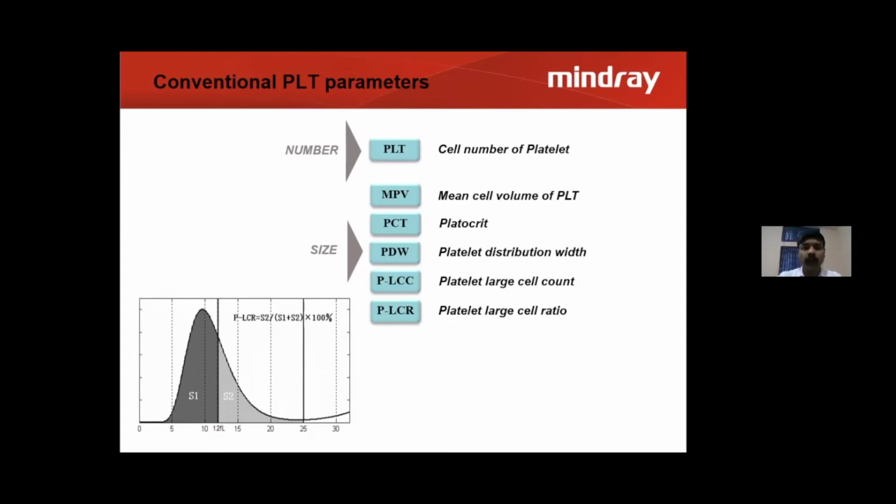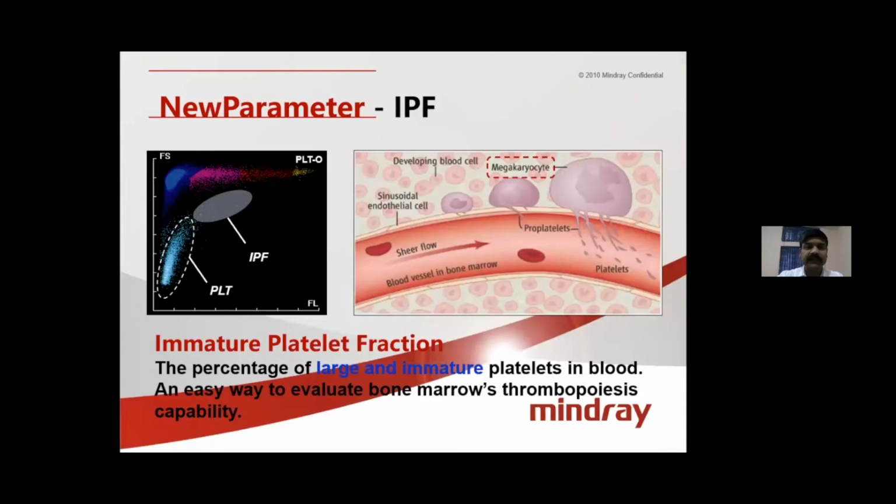So coming to the new parameter IPF, the terminology of IPF is a little bit controversial since the terminology is immature platelet fraction. Platelets will be coming to the stream once they are matured, but this terminology IPF has been termed, okay. Why? Because of its larger size and larger fluorescence, because of the larger DNA RNA content. So by definition, what is the IPF?